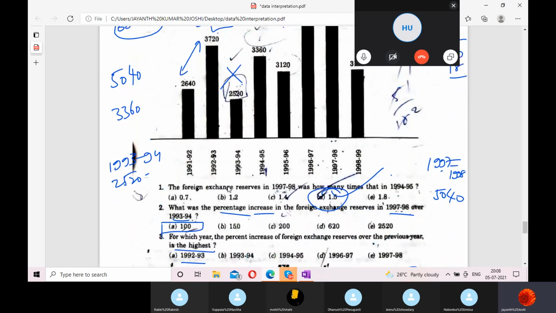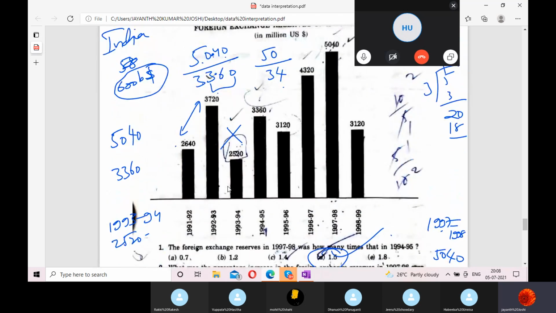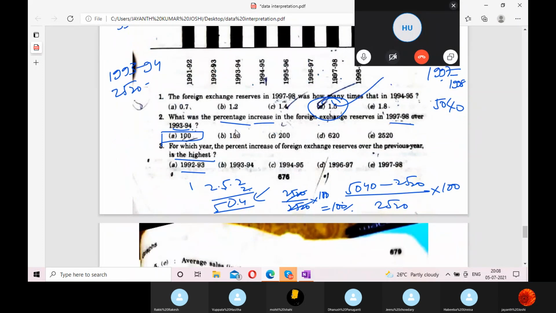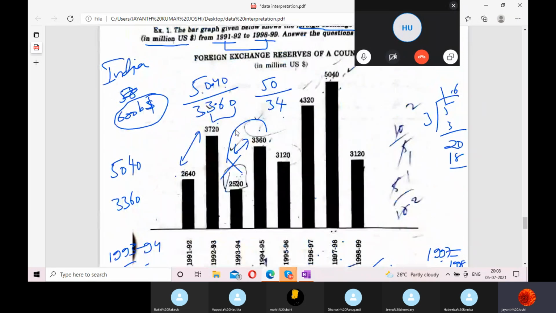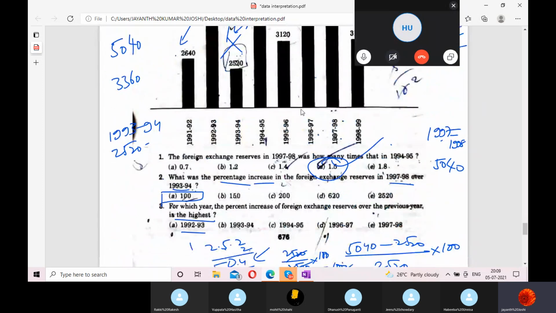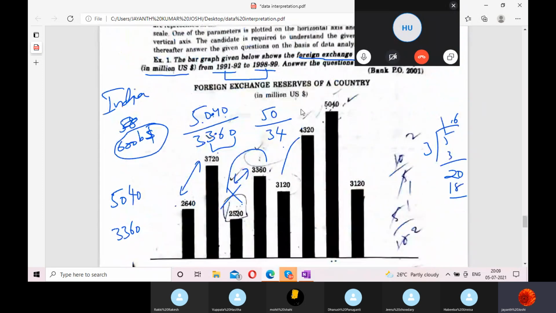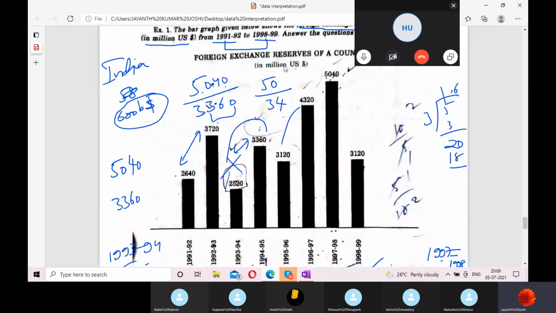Point number 3, 94-95. We should compare these two years, increasing or decreasing. Then 96-97. This year we should compare. I will tell you an easy way, don't worry. And 97-98, this year to this year. They are asking in which year the increase was the highest.